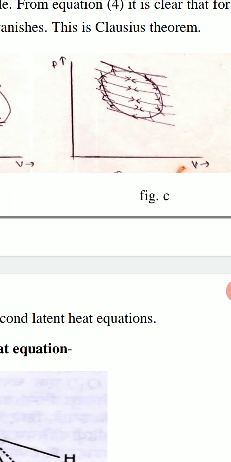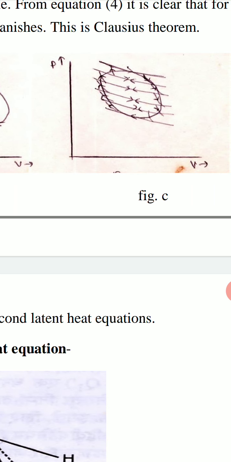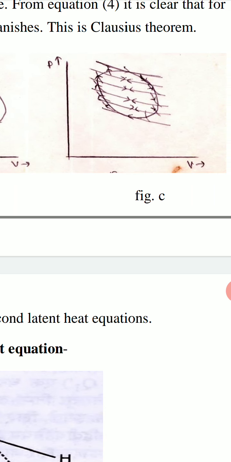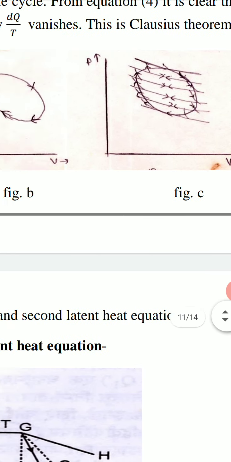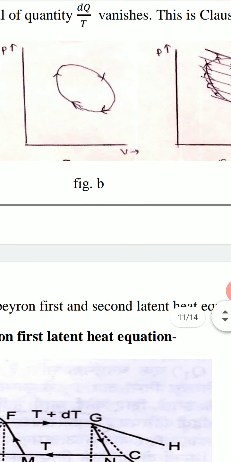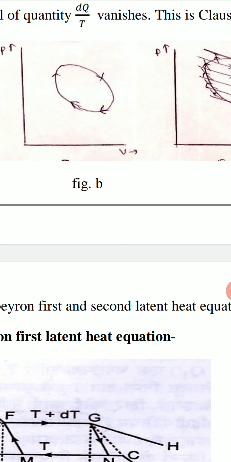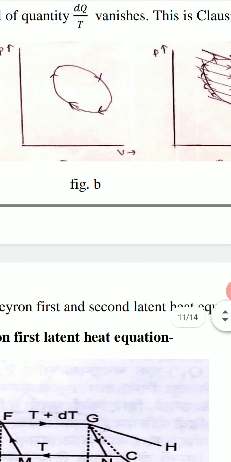So all the isothermal curves inside this cycle cancel each other, and the remaining portion will be equivalent to this closed cyclic process.